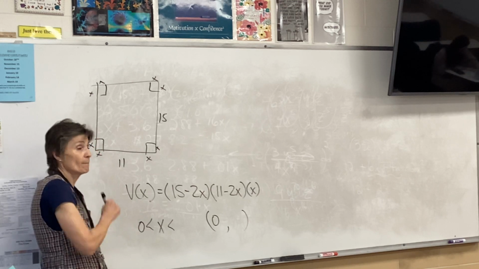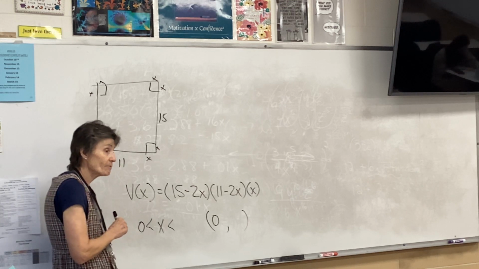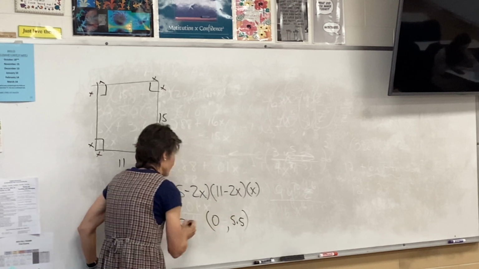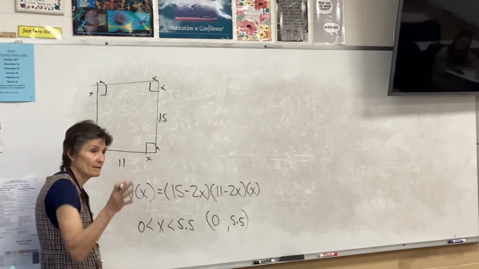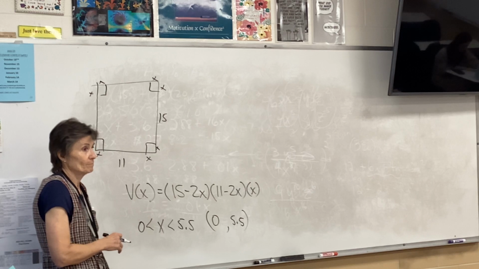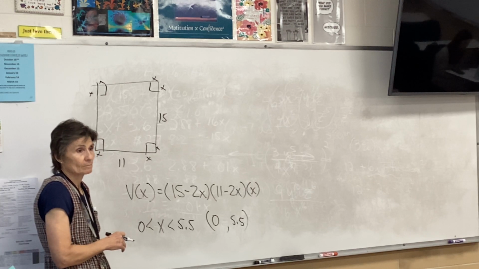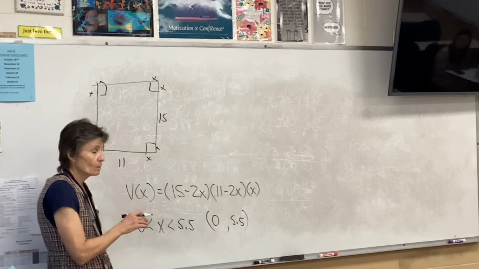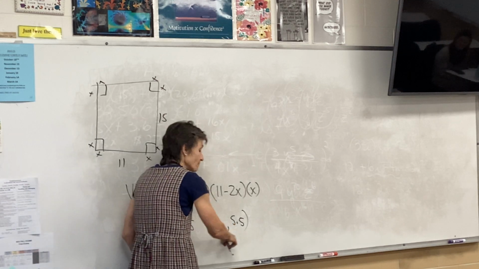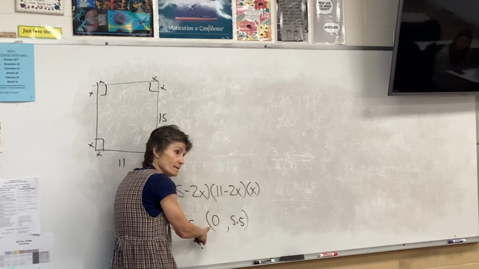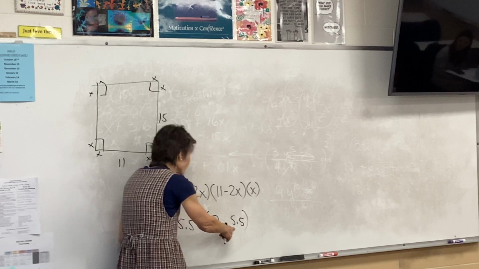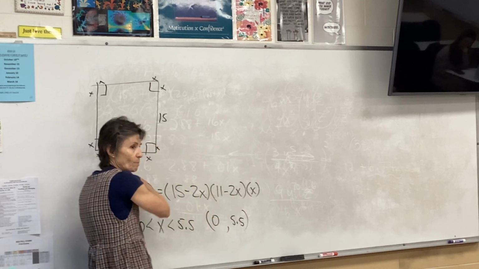So the smallest number is 11, and half of 11 is 5.5. You have a calculator, so 11 divided by 2. That's the domain of the problem. So one more time, where did these numbers come from? That one is always a 0, and this one is always half of whichever one of these numbers is smaller.